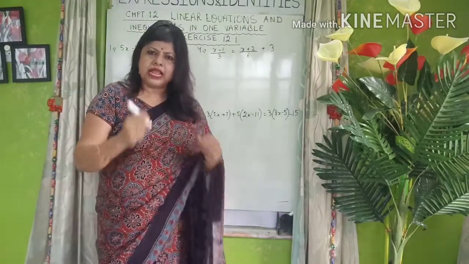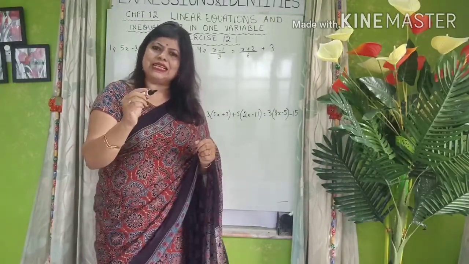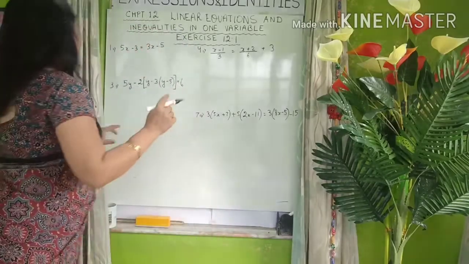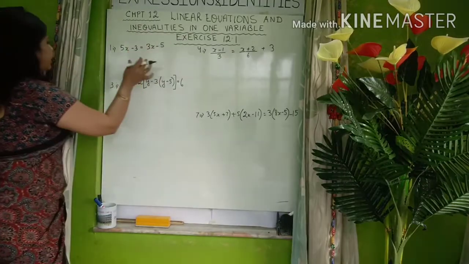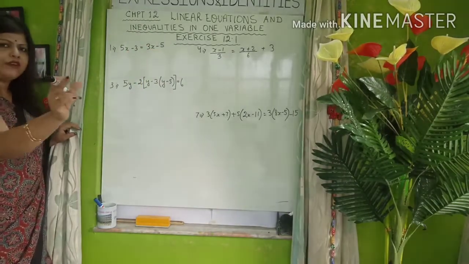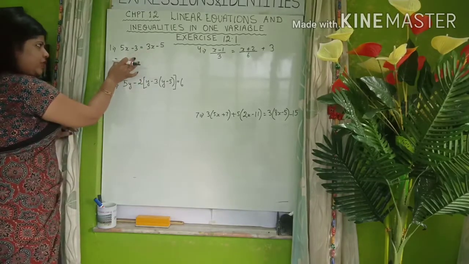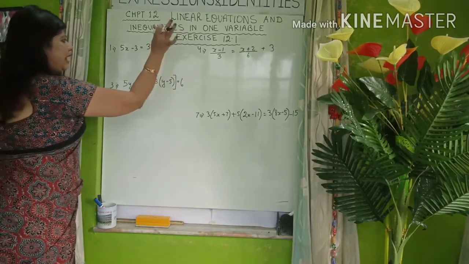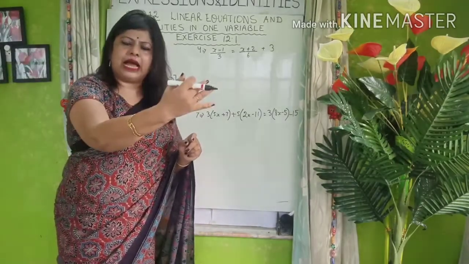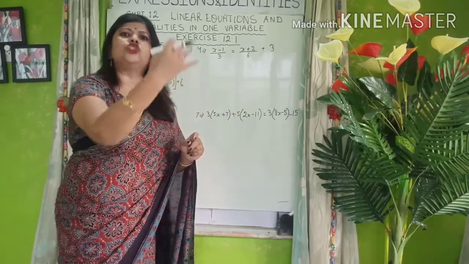So students, let's begin with the first exercise of chapter 12, that is exercise 12.1. The first question, very simple: 5x minus 3 equals 3x minus 5. What we have to do? We have to bring the literals to one side and the numbers to the other side. And you know very well, the moment there is a change of side, the sign also changes.